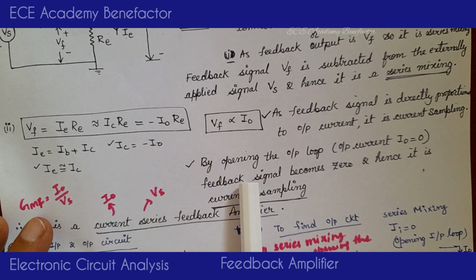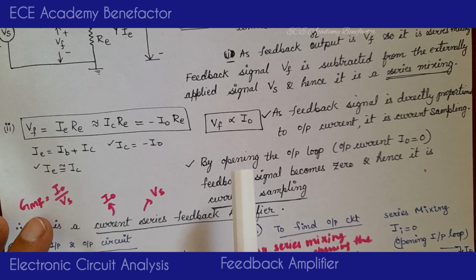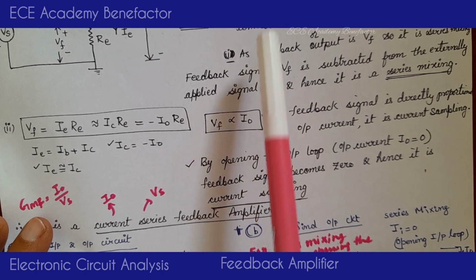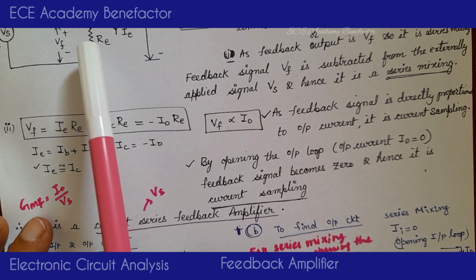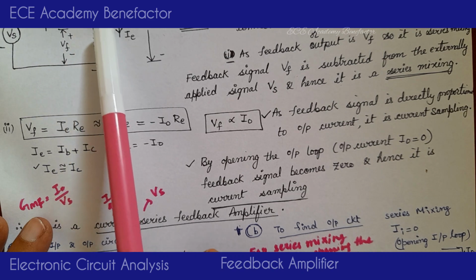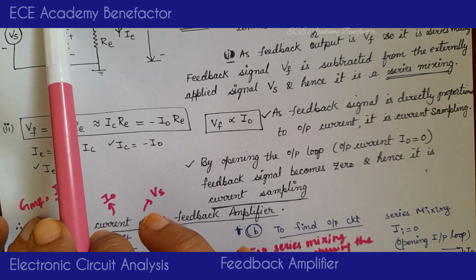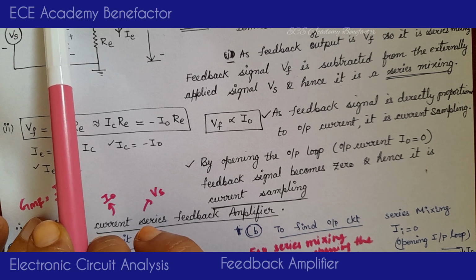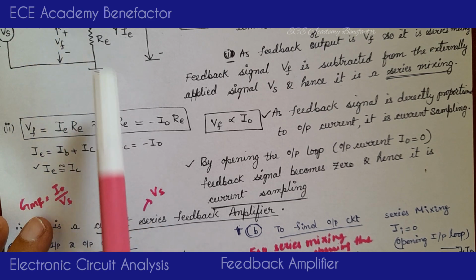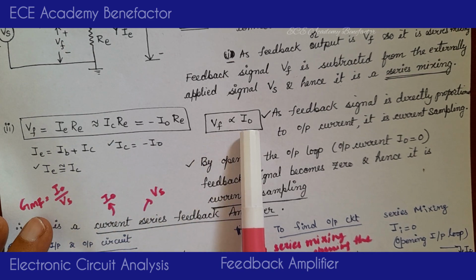So it's a current sampling. This may be the easier step to understand: as the feedback resistor is not directly connected to the base, it is series mixing, and Vf is directly proportional to current, so it is current sampling.